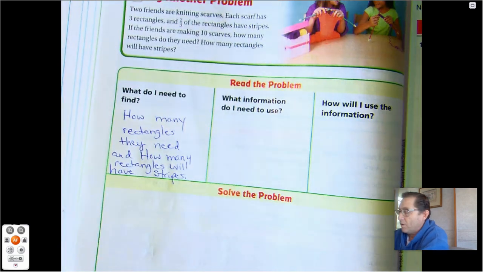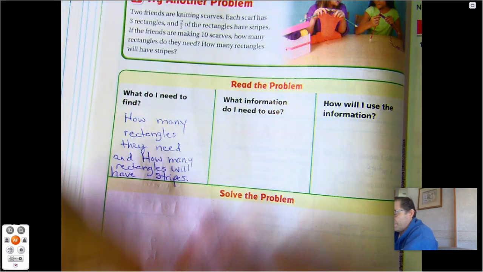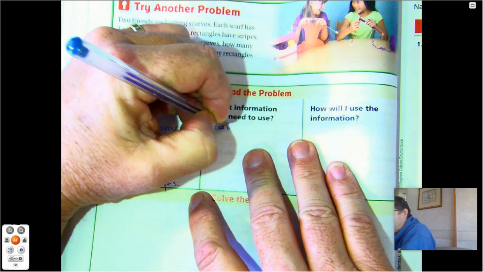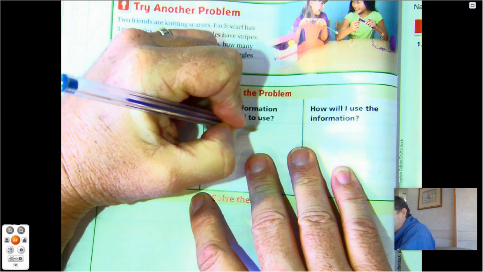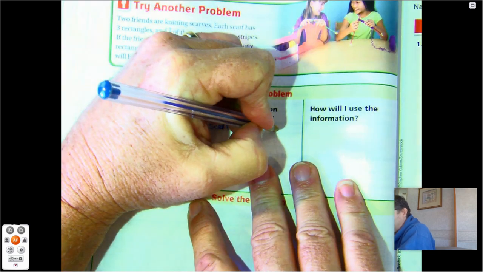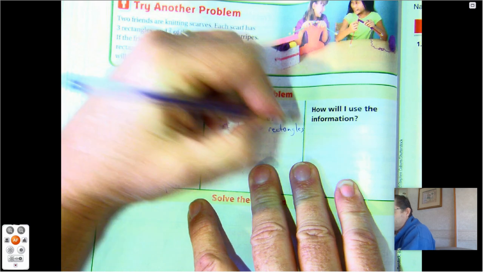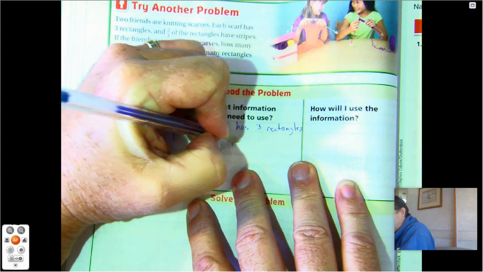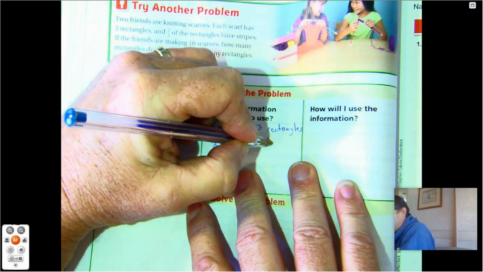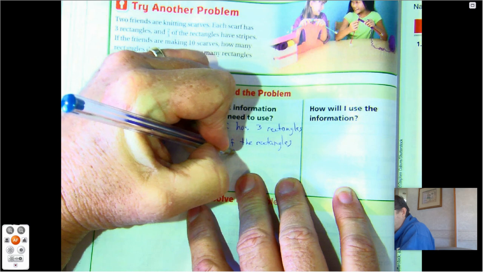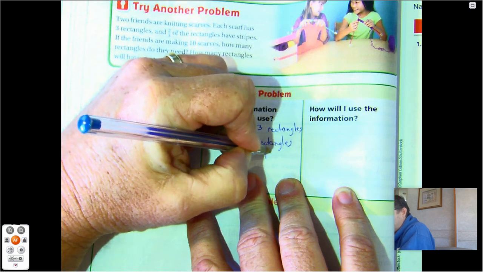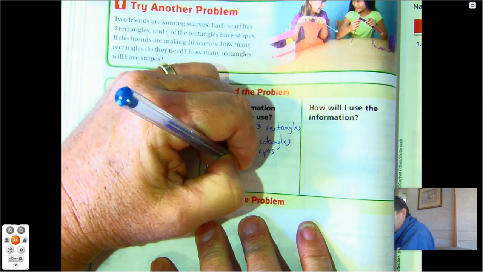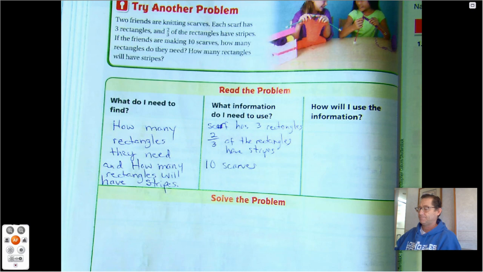What information do you need? Well, each scarf has 3 rectangles. Two-thirds of the rectangles have stripes, and they're making 10 scarves. Okay, so how will I use the information?